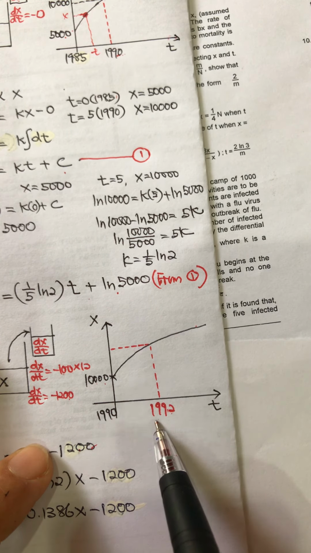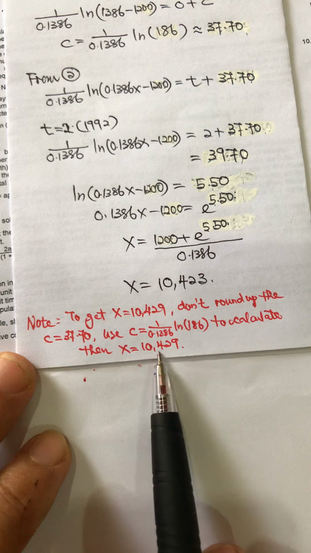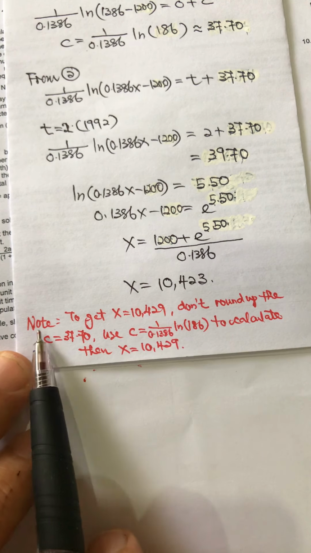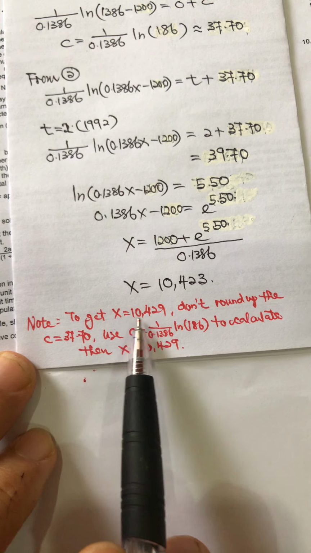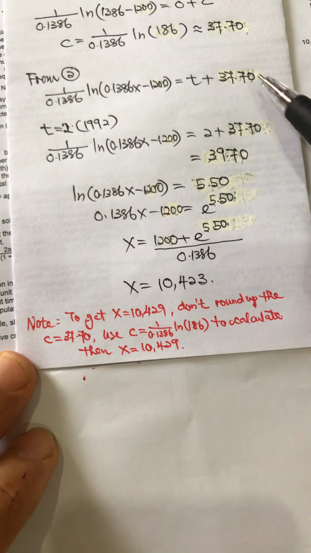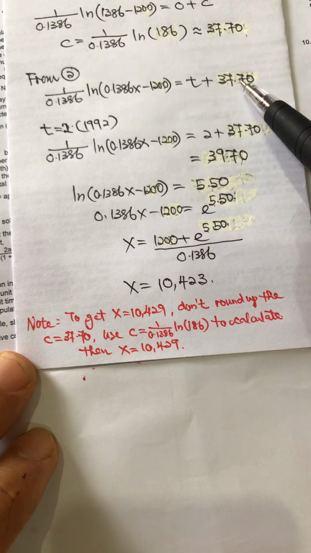But you see, the answer given is 10,429. There is a difference of 6 rabbits. Why? If you want to get 10,429, you don't round up this. This one you don't round up. You make use of this one to calculate, then you will get the exact answer, 10,429.